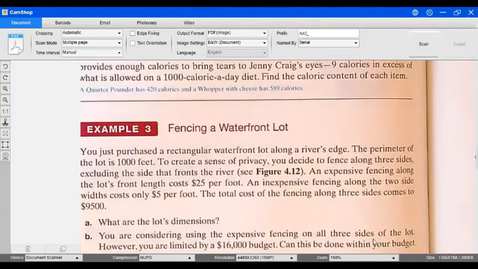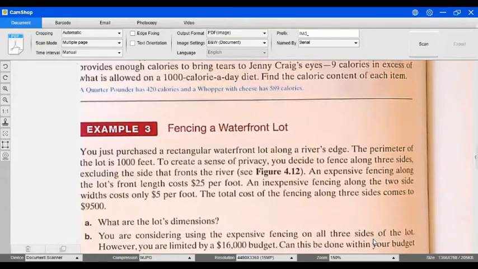So this is about fencing a waterfront lot. You just purchased a rectangular waterfront lot along a river's edge. The perimeter of the lot is 1,000 feet. To create a sense of privacy, you decide to fence along 3 sides, excluding the side that fronts the river. We're going to need to see figure 4.12.